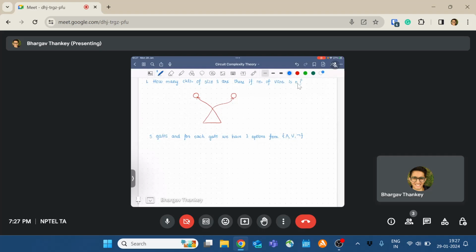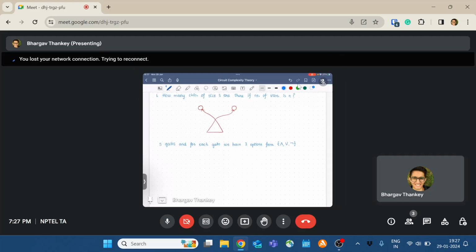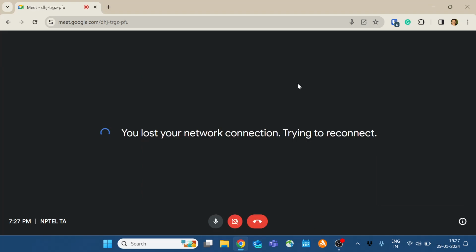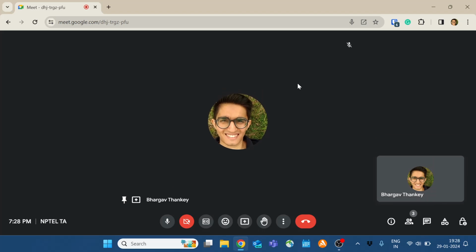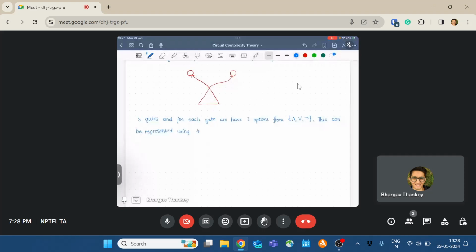So there are S gates. For each gate, you have three options, and you can represent this using bits. For an AND or a NOT, you just need two bits.